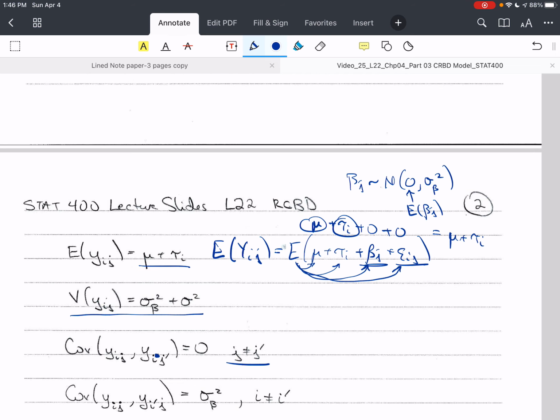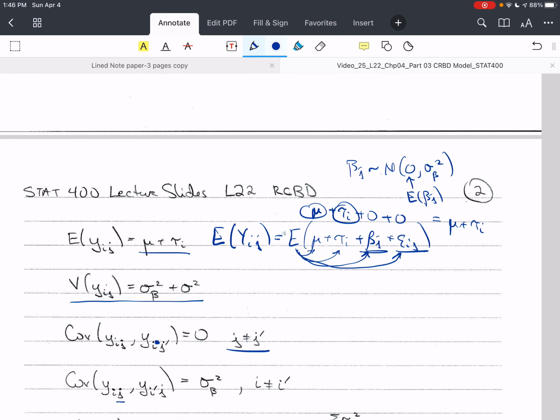And then if we look at the same block of material, but different treatments, then we see that before the experiment is performed, because they're from the same batch of material, we expect those hardness measurements to be correlated or dependent since they're from the same distribution, and that covariance is sigma sub beta squared.